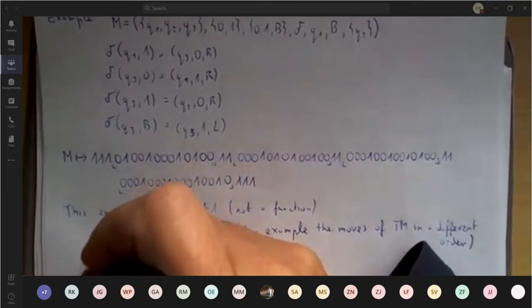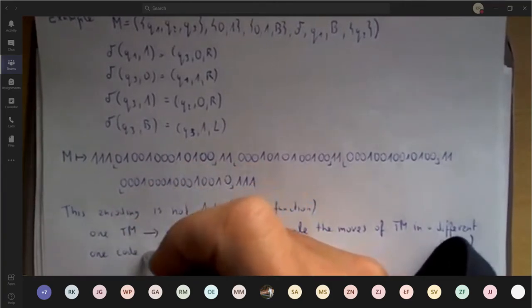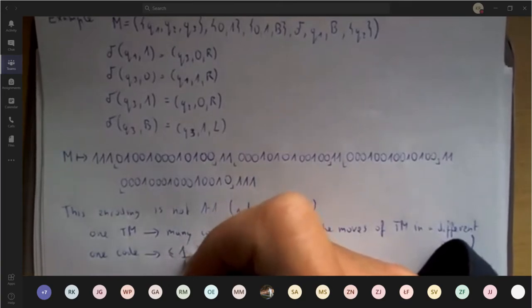And one code corresponds to at most one Turing machine.